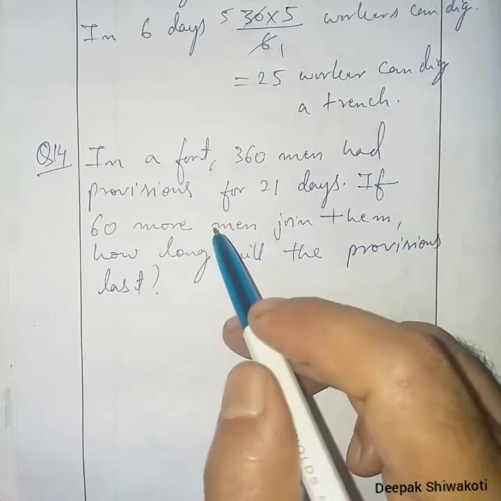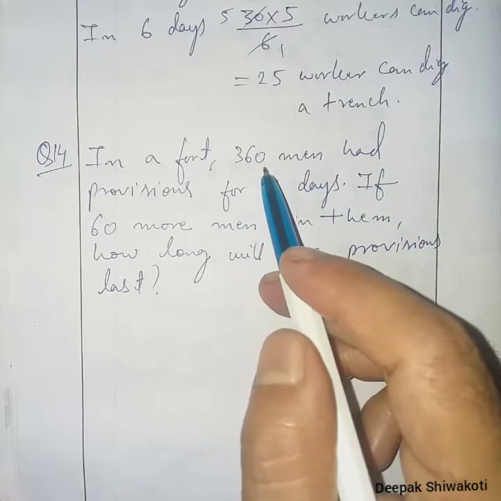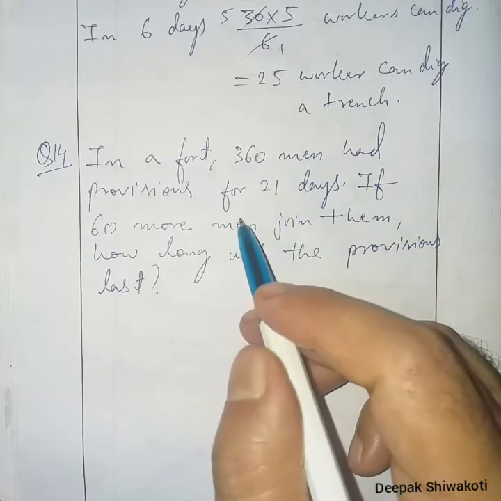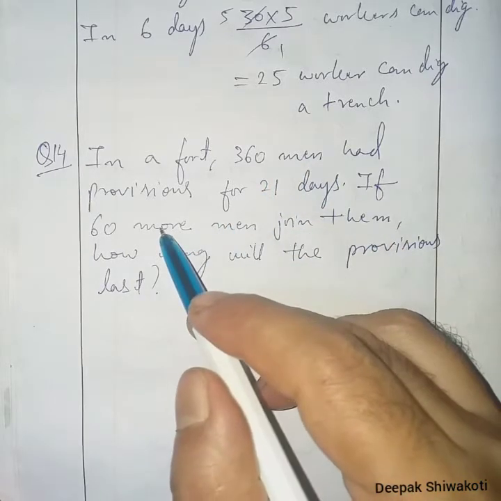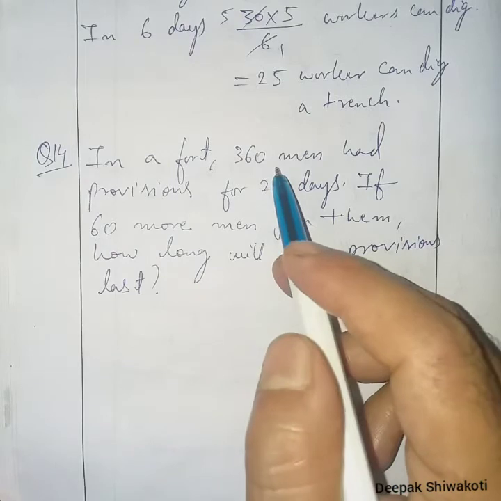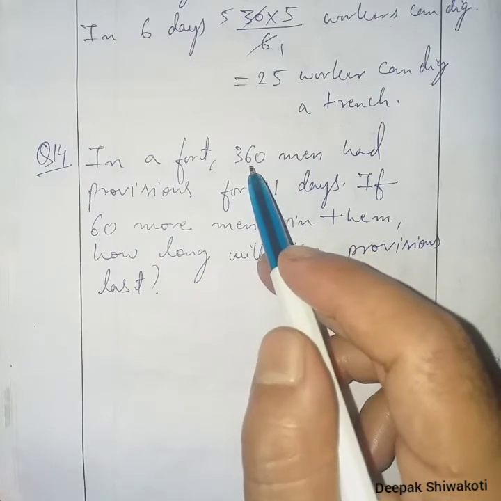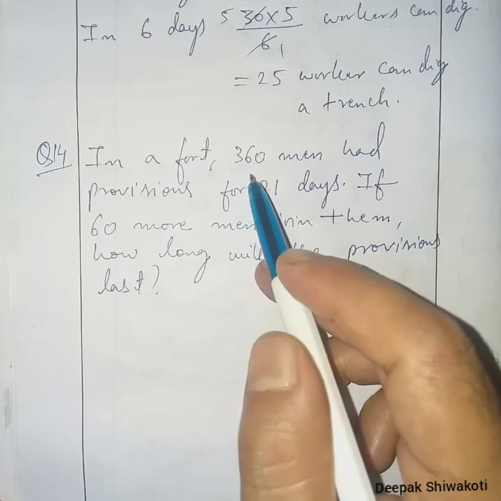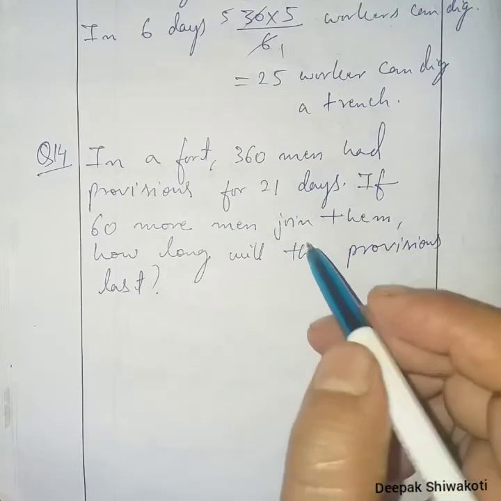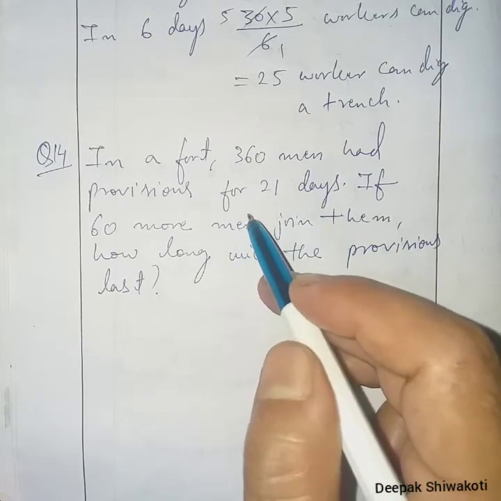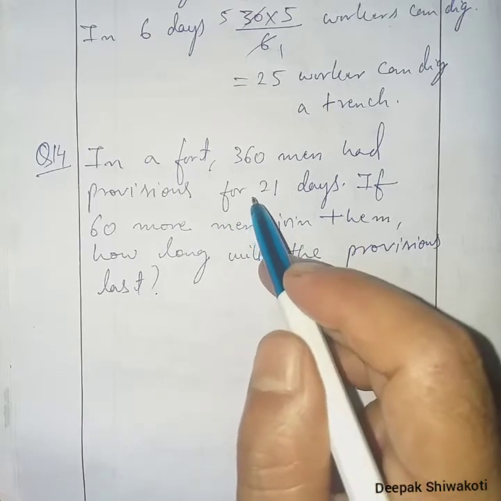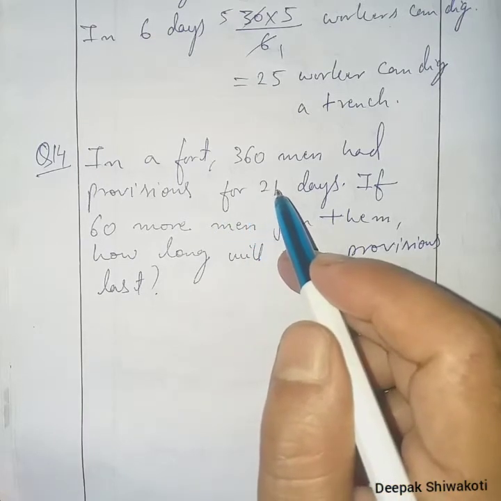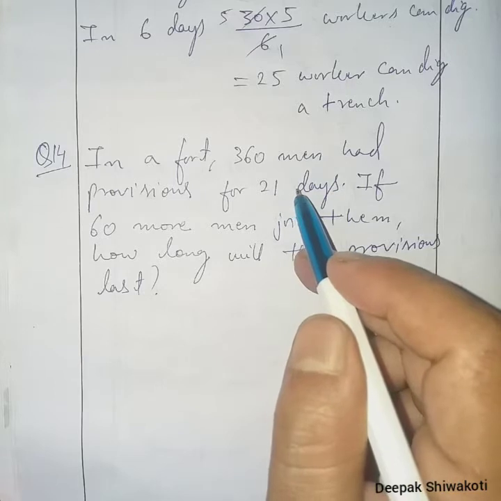If 60 more men, so more people will be there. After joining 60 people, there will be more men here. That is 360 plus 60 is 420 men. So for 420 men, the fooding and lodging will be for less days, isn't it?